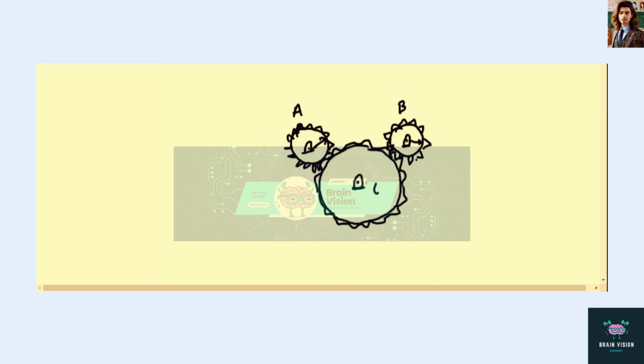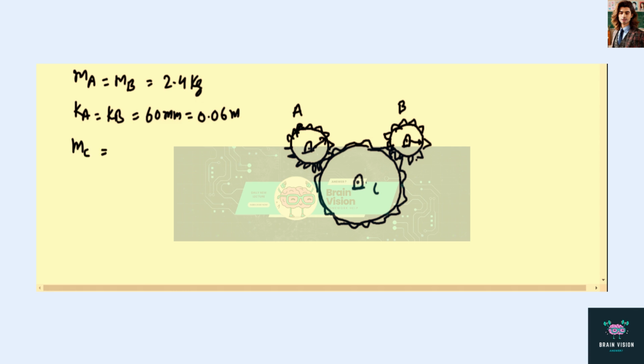Here it is given: each gear A and B has a mass of 2.4 kg and a radius of gyration of 60 millimeter, that is 0.06 meter, while gear C has a mass of 12 kg and a radius of gyration of 150 mm, that is 0.15 meter.